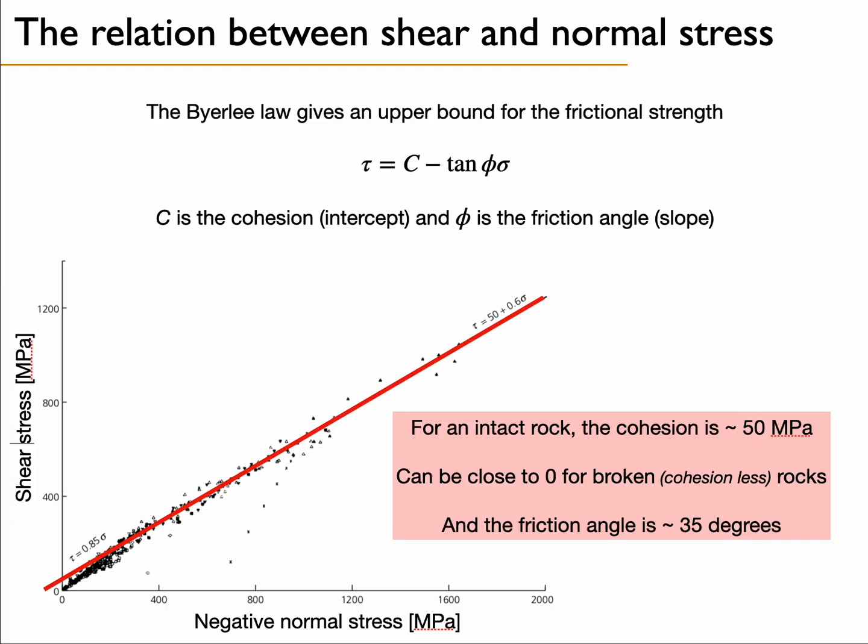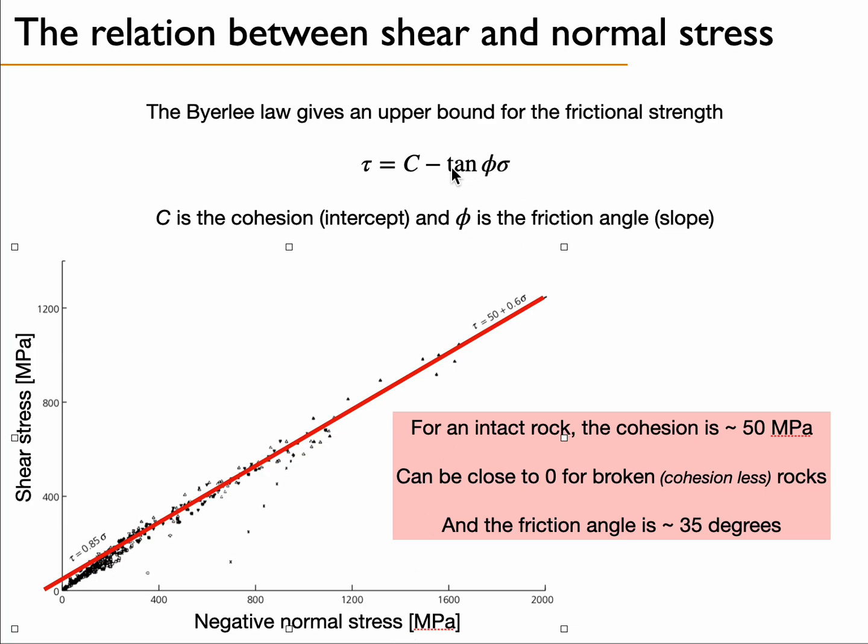So the criterion for yielding, the red line now, is formulated as a linear fit, and a linear fit has an intercept, C, the cohesion, or tau 0, and it has a slope that multiplies the x value, which is the negative normal stress here.